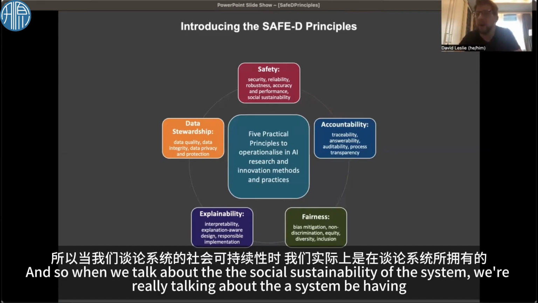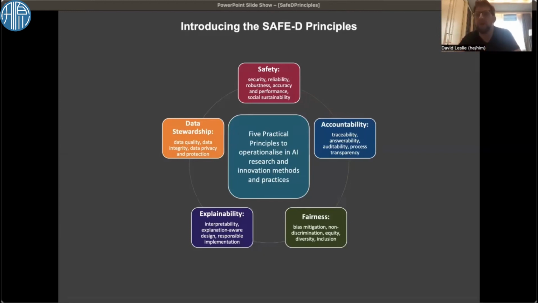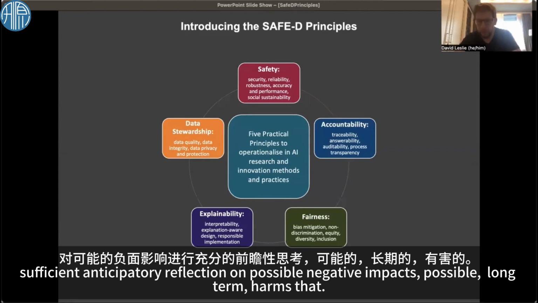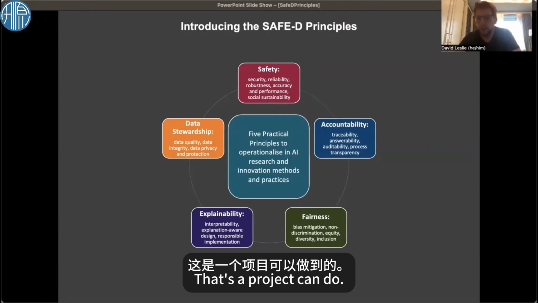When we talk about the social sustainability of the system, we're really talking about a system having sufficient anticipatory reflection on possible negative impacts, possible long-term harms that a project can do.